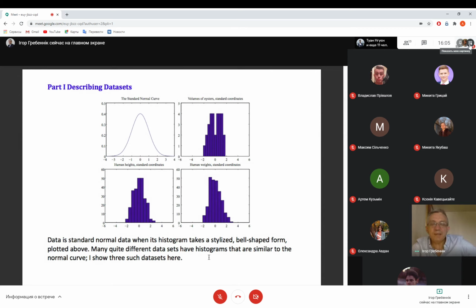Many quite different data sets have histograms that are similar to the normal curve. Some examples are represented here. These histograms may be considered as histograms which correspond to the standard normal curve.